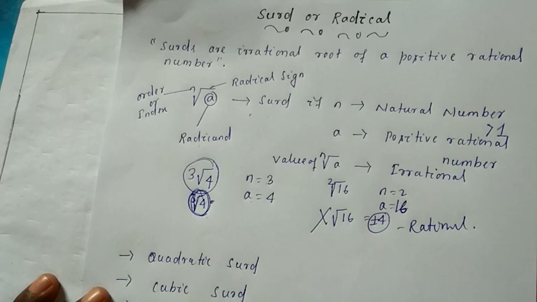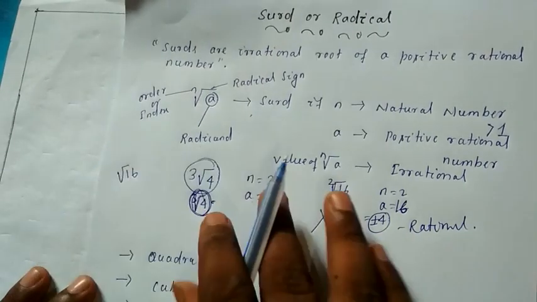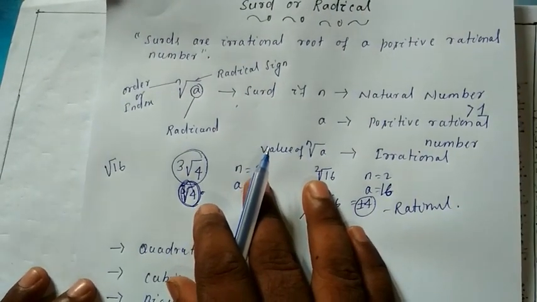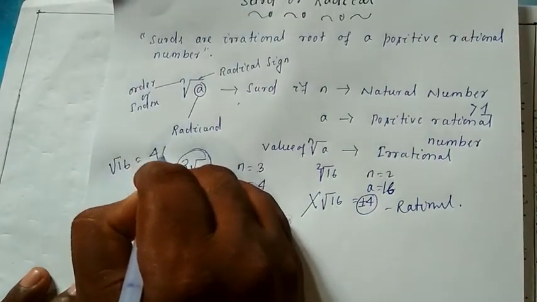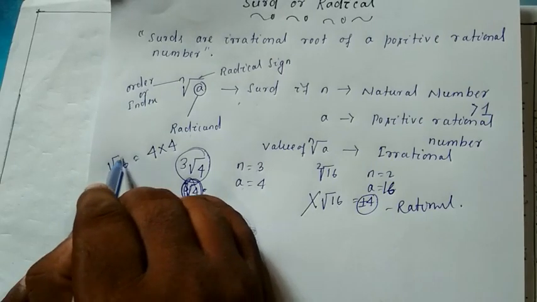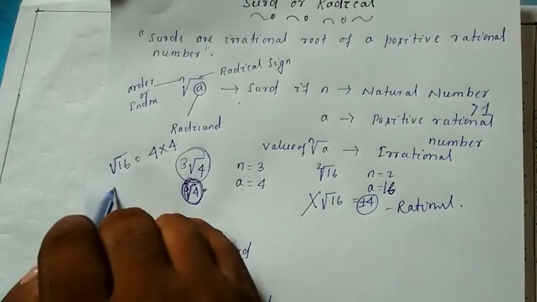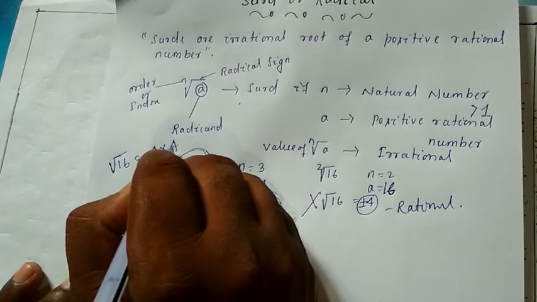Those numbers are also examples of surds. What did I say? Square root of 16. Remember, square root of 16: I can write 4 into 4 in place of 16.